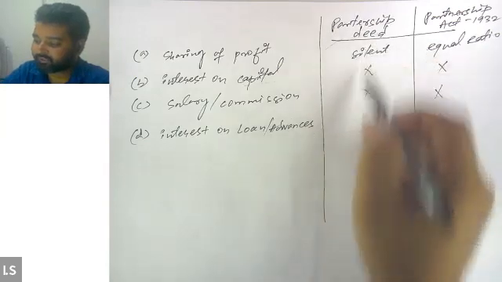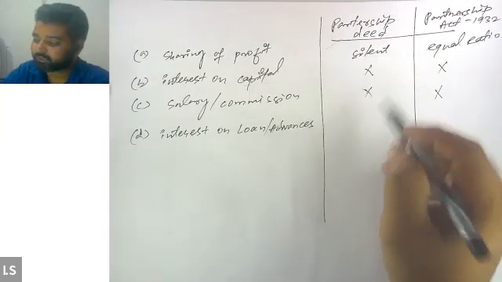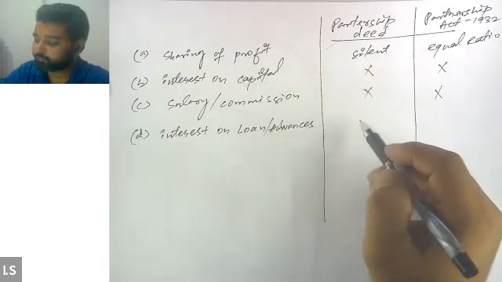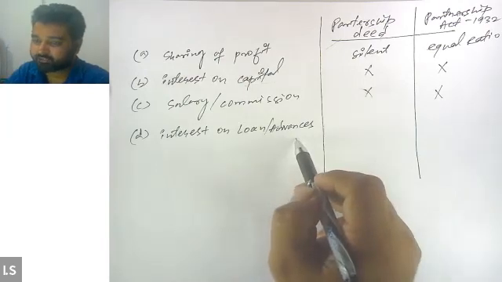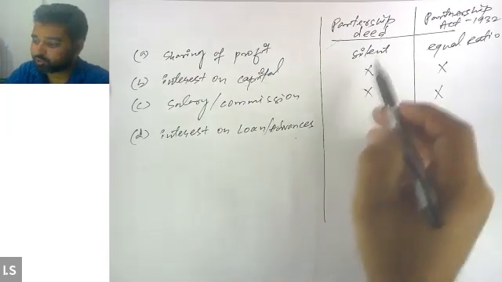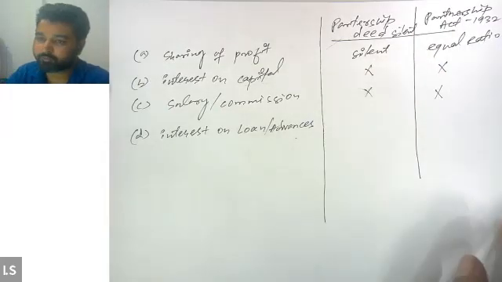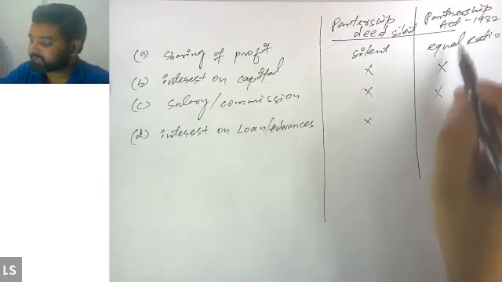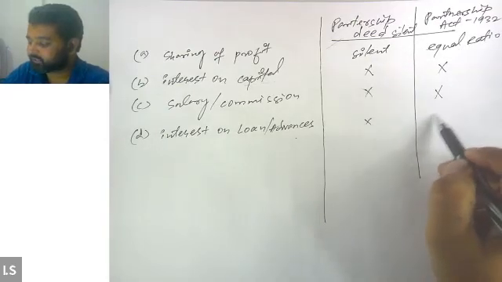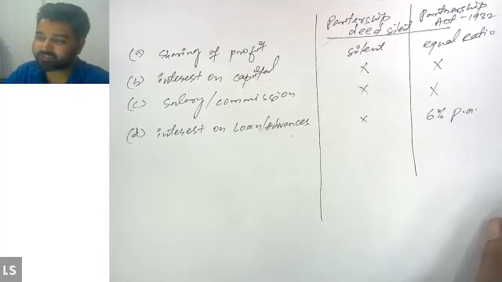If it is already agreed, let's suppose partners have agreed to pay interest at the rate of 10%, then such partner will be paid interest at the rate of 10%. But if there is no agreement, if the partnership deed is silent about the payment of interest on loan, then Partnership Act 1932 says that in this situation also, a partner who is providing loan and advances to the firm can claim interest at the rate of 6% per annum.